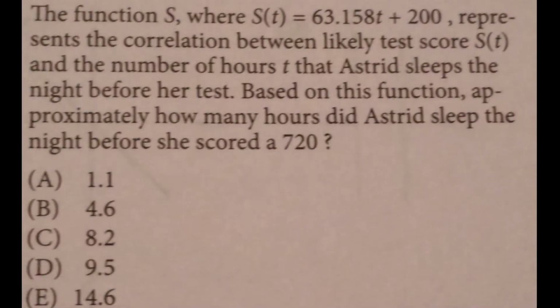The function s, where s of t equals 63.158t plus 200, represents the correlation between likely test score s of t and the number of hours t that Ashley sleeps the night before her test. Approximately how many hours did she sleep the night before she scored a 720?